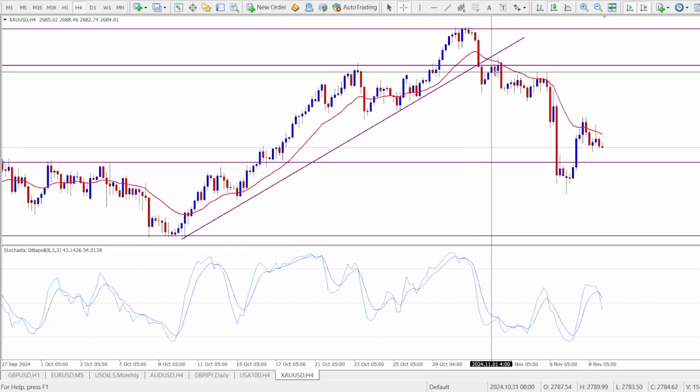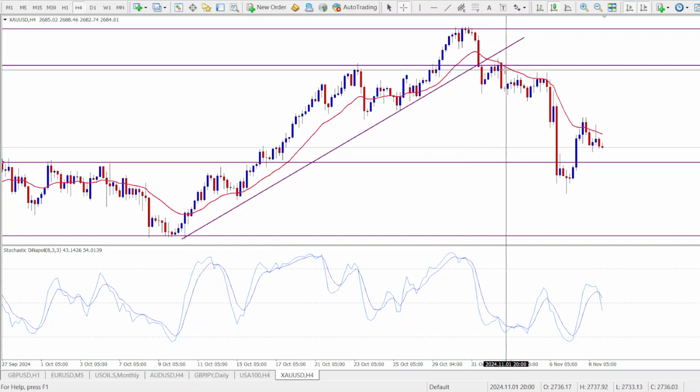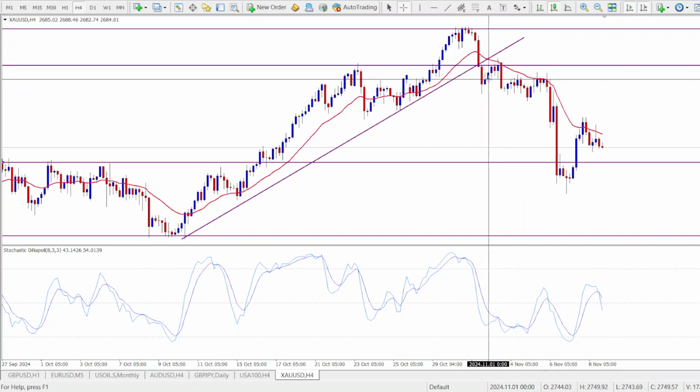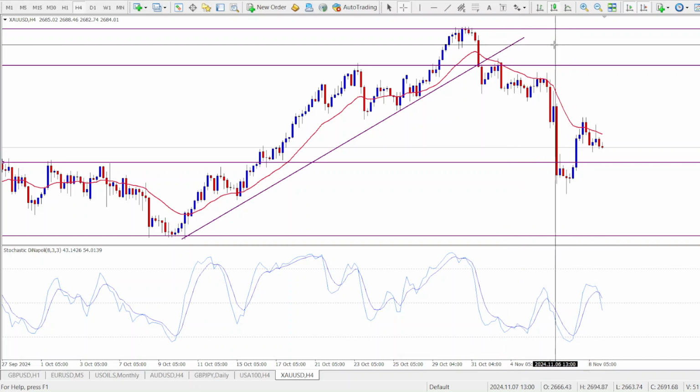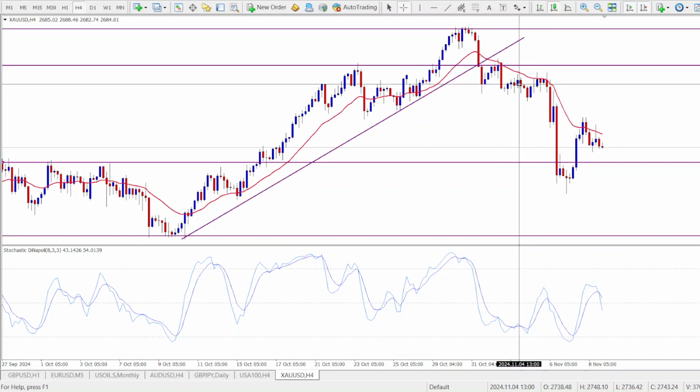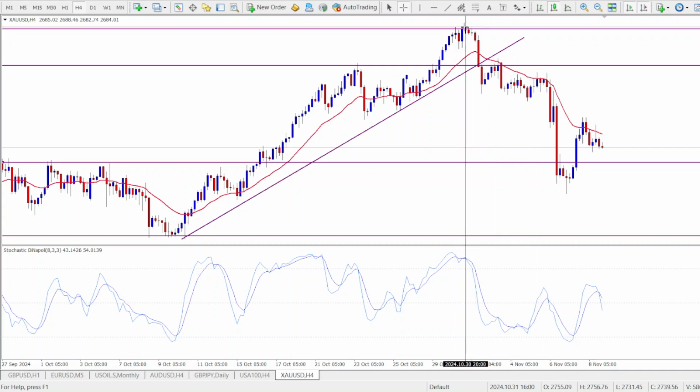Okay, so this would have been a great place to enter a sell, especially after it retested the newly formed resistance. Okay, it was formerly a support that turned into a resistance. All right, so after entering the sell, we would have considered setting our stop loss. If you want a tight stop loss, put it right above that breakout point, or if you want a wider stop loss, you can use this previous swing high.